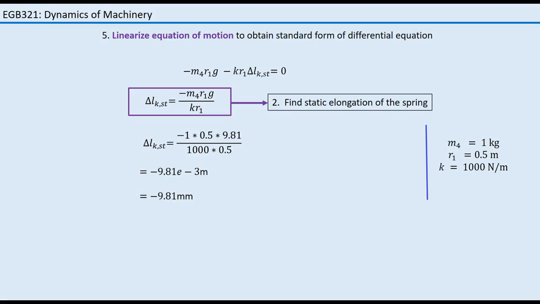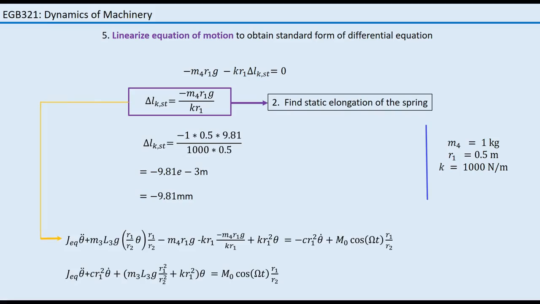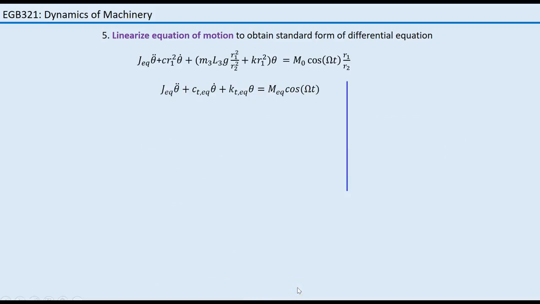Now we want to replace the static deflection of the spring into the equation, and then we get this form of equation where these two terms will be cancelled out and we'll get a simpler form of equation.